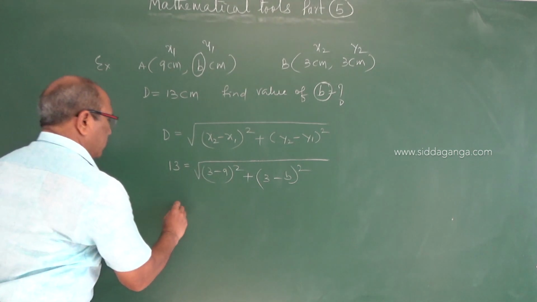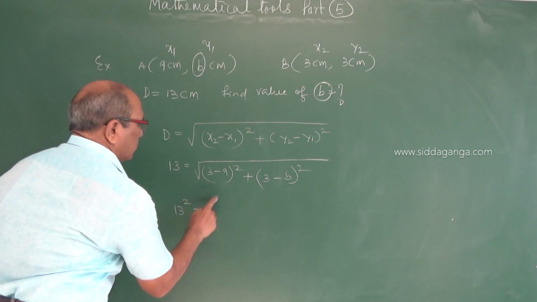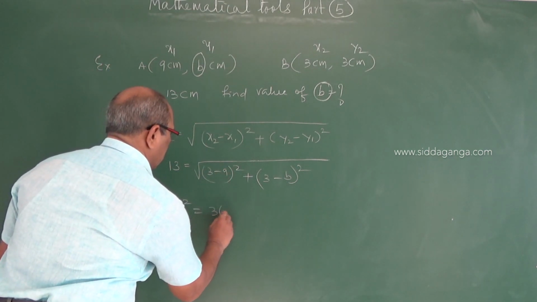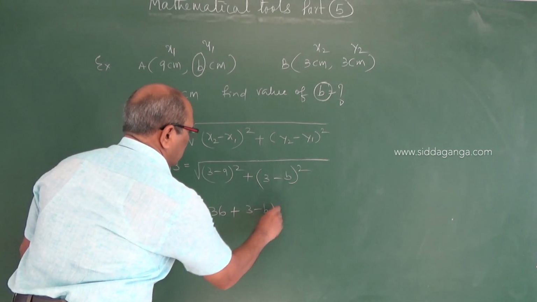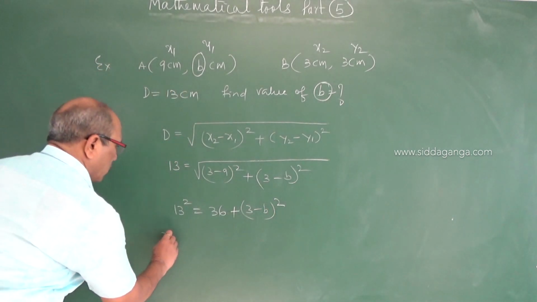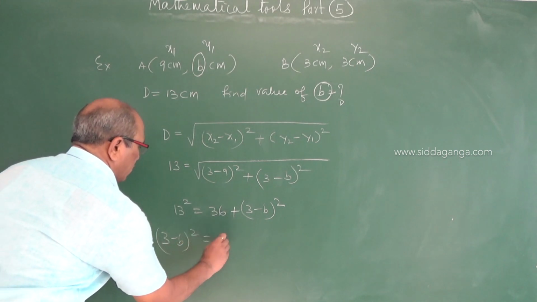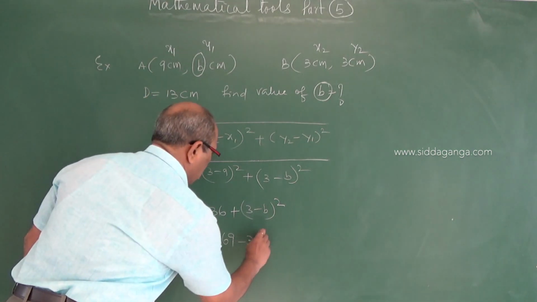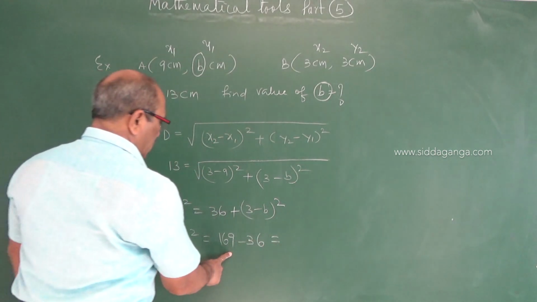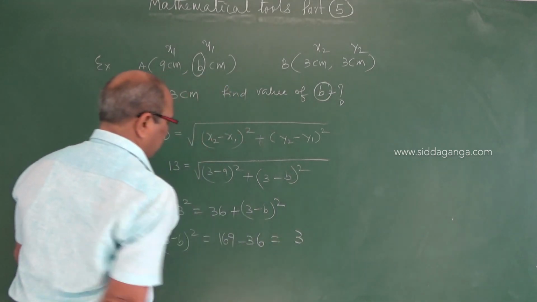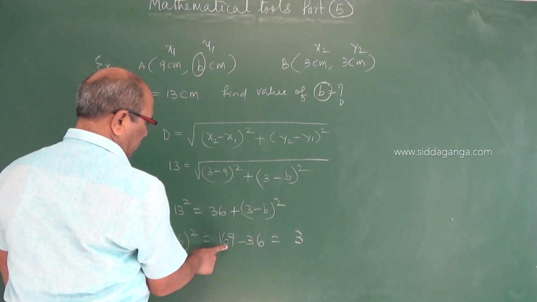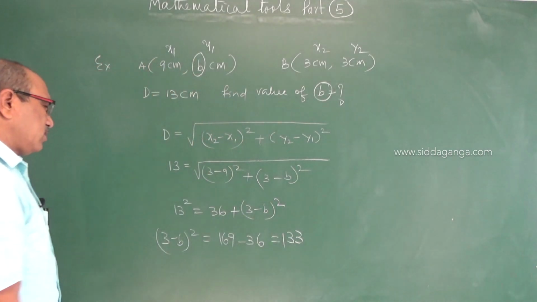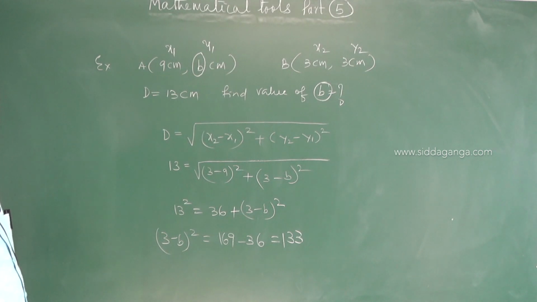So if I square them, 13 square is equal to 3 minus b whole square plus 6 square, which is 36. 169 minus 36 is 133.